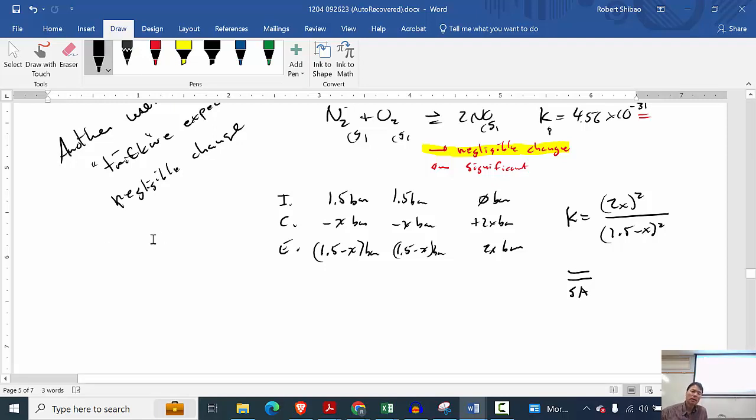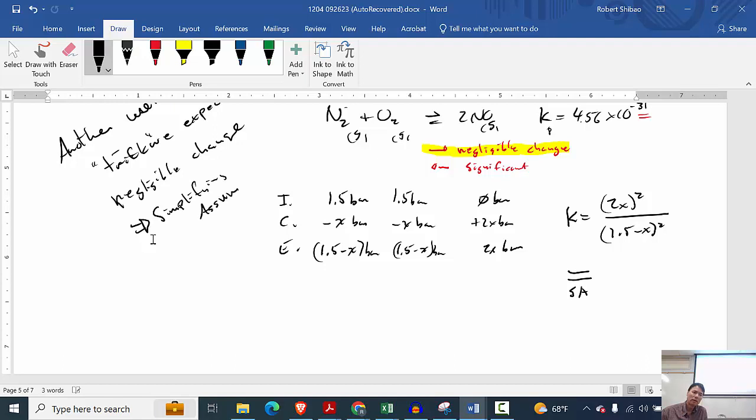And that's the trick that I'm talking about over here. It's the simplifying assumption, or SA.